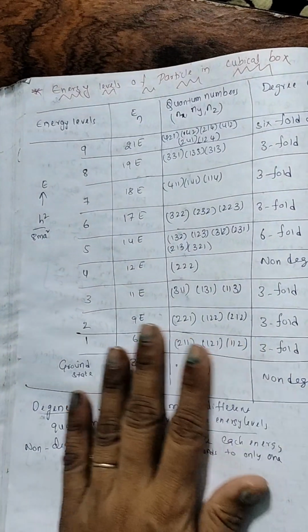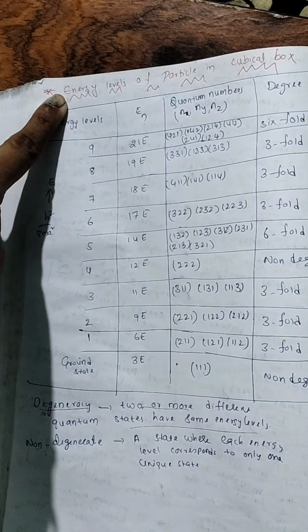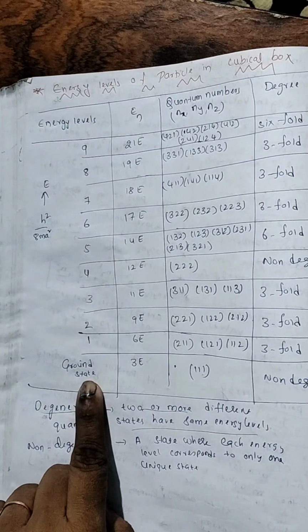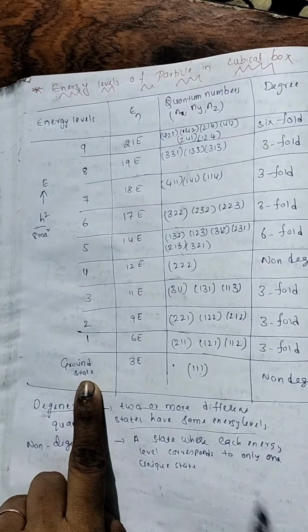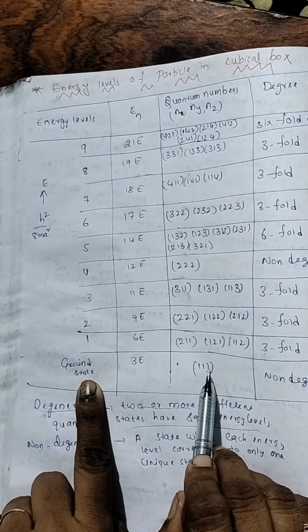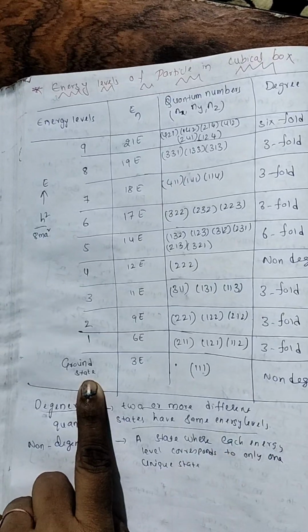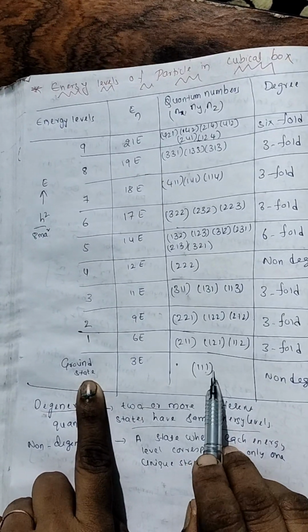Now here let us discuss energy levels from the ground state to the excited states. For the ground state, nx, ny, nz, we will take 1 only, 1, 1, 1. 1 square plus 1 square plus 1 square is 3.